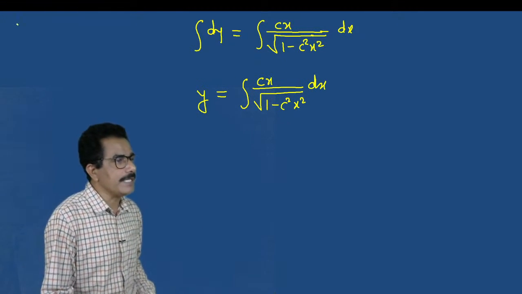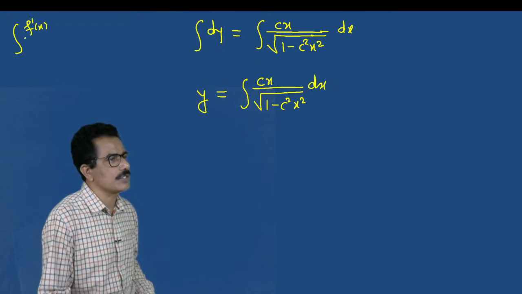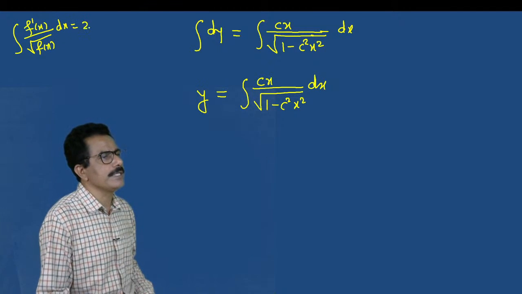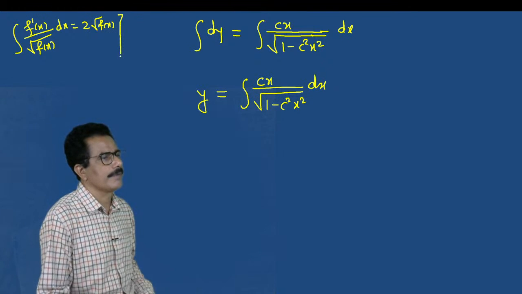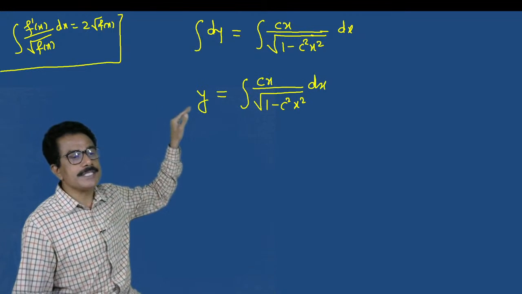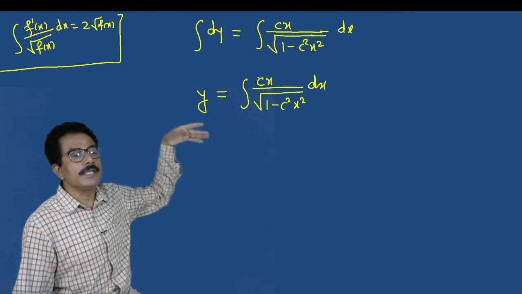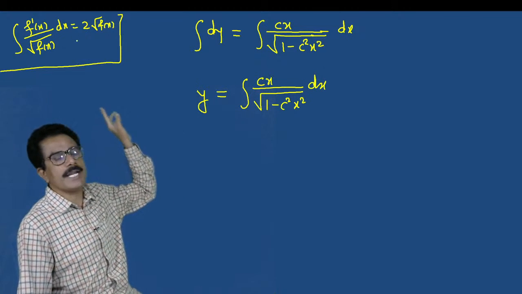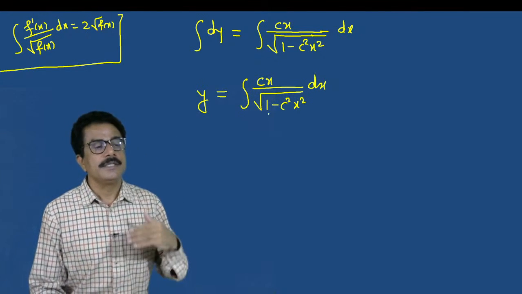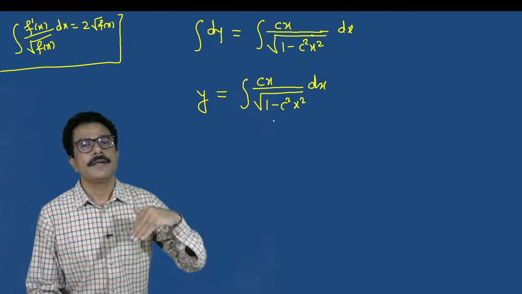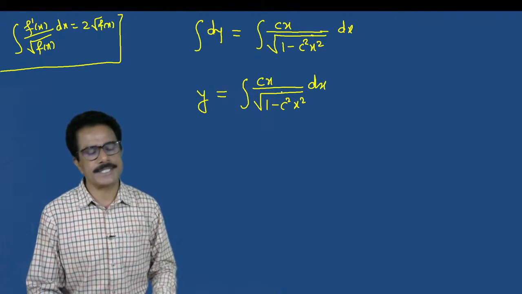There is one formula: integration of f dash of x divided by root of f of x is 2 root f of x. Means if there is a derivative of the root term in the numerator, then we can take this formula directly. That means we have to adjust the derivative of the function in the root, its derivative we have to adjust in the numerator.